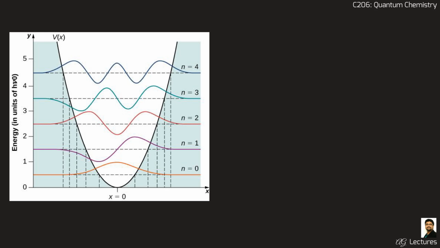Now, these dotted lines are basically the classical limit for the oscillator, the maximum it can extend to. The reason I'm calling it a classical limit is that, as you know, the wave function penetrates a little bit into the classically forbidden zone. Classically you should never go beyond this particular x direction.